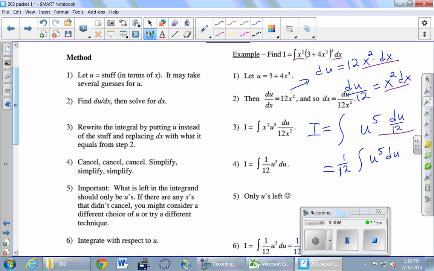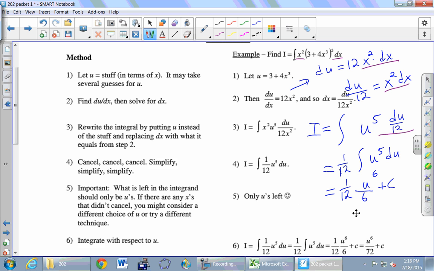Okay, so I always forget, do we add one or subtract one from this power? Add one, right? u to the 6th divided by the new power or the old power? New one, right? 6. Plus c is there. And then the last step is to change the u back into whatever it was.